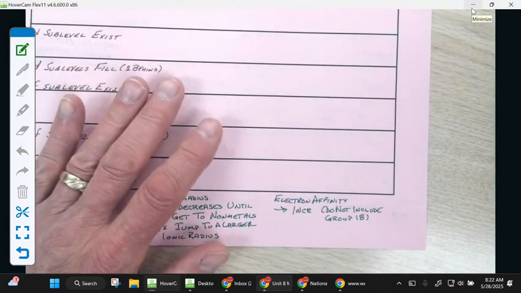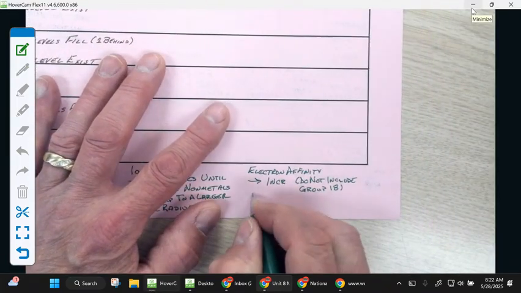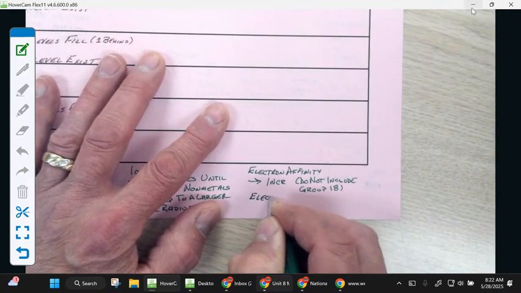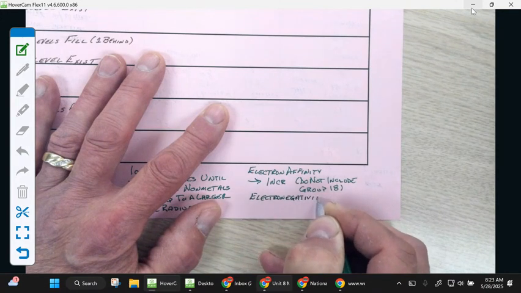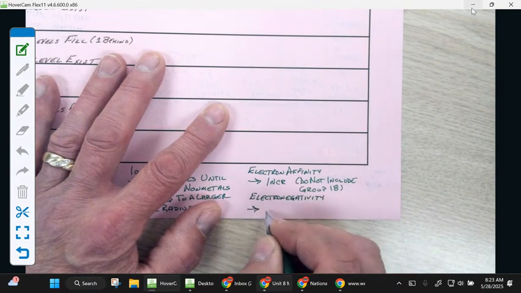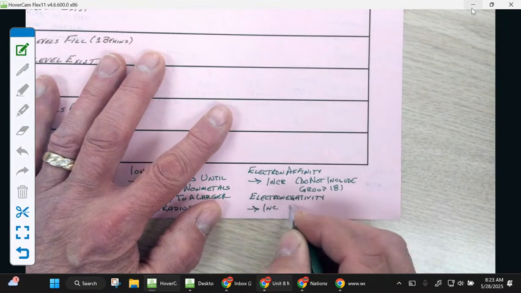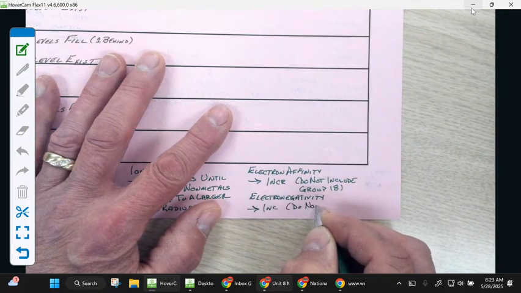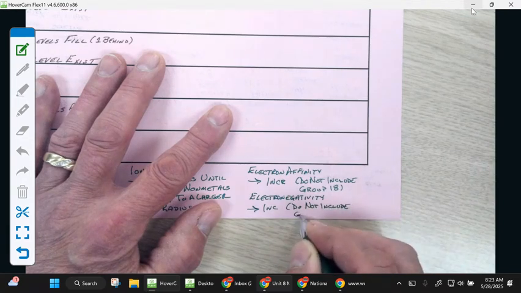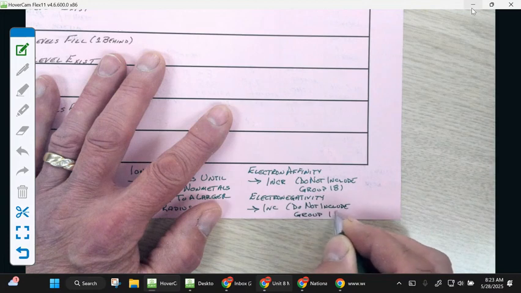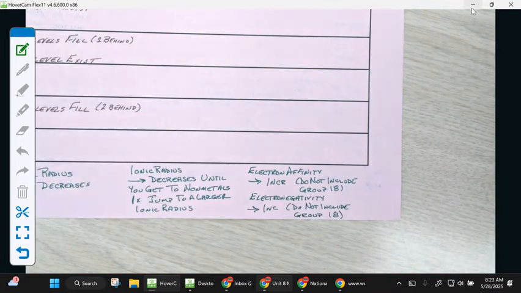So electron affinity and electronegativity again increase, but do not include group 18. So electron affinity, electronegativity, again, the best element for that, fluorine.